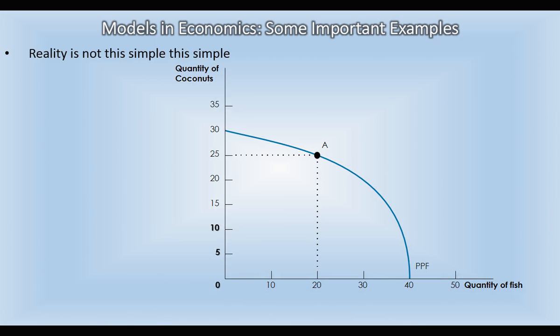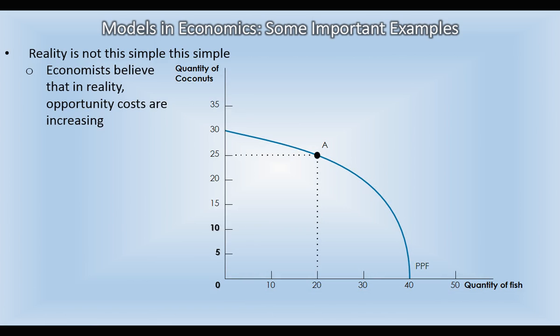So in reality, though, things are a little bit more complicated. Economists believe that opportunity costs are actually increasing as you increase the amount of a good that you're producing. And that's because initially, let's say you have a certain amount of fish that you want to create, and you've got a certain amount of machinery and people that are available to fish and ultimately produce fish, right?